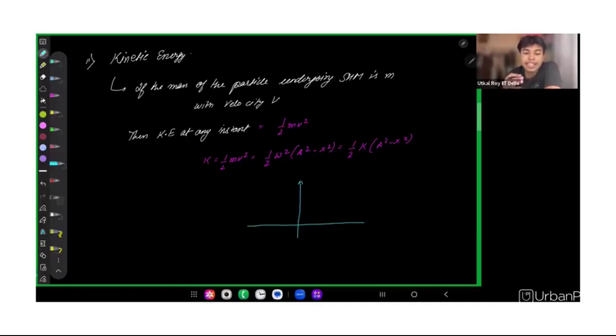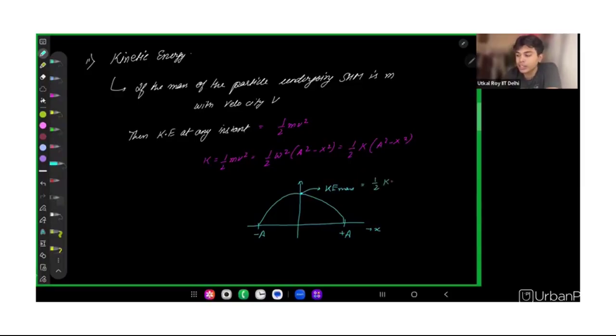So if x is at mean position, x is 0. If it is an extreme position, then x would be A, right? And in SHM, the kinetic energy is an inverted parabola function of displacement. If I say this is x, this is minus A, this is plus A, it goes like this. This is the highest position, KE max. What will be KE max when x equals to 0?